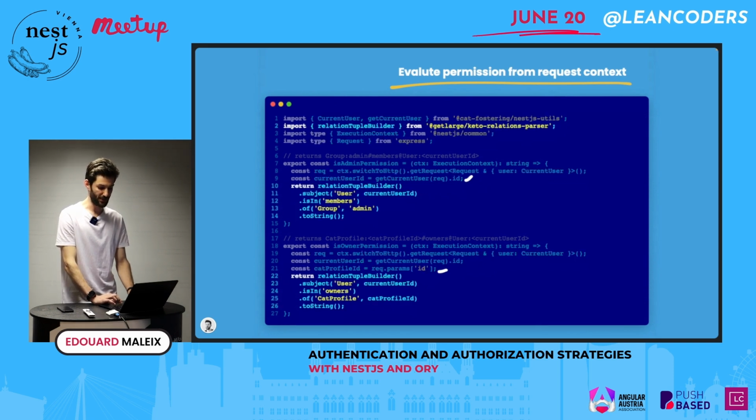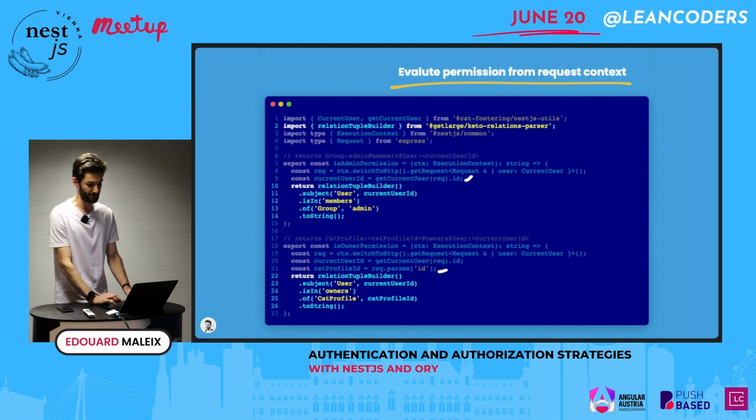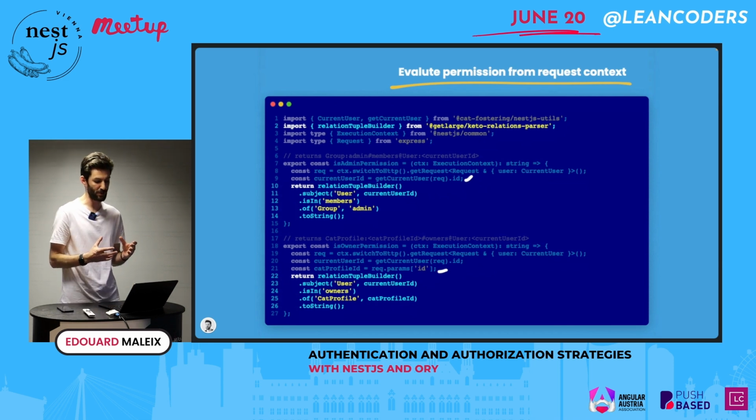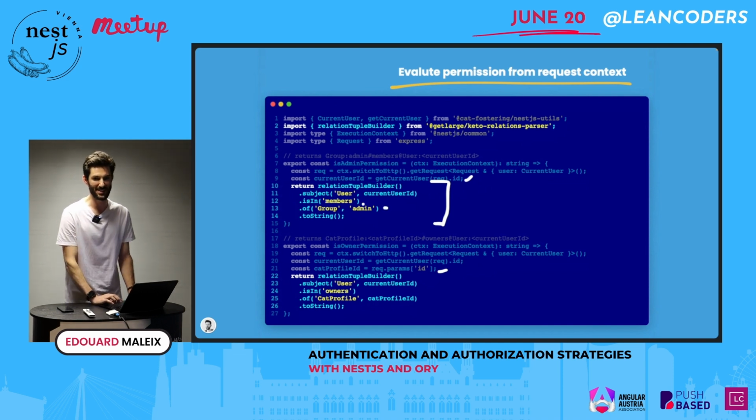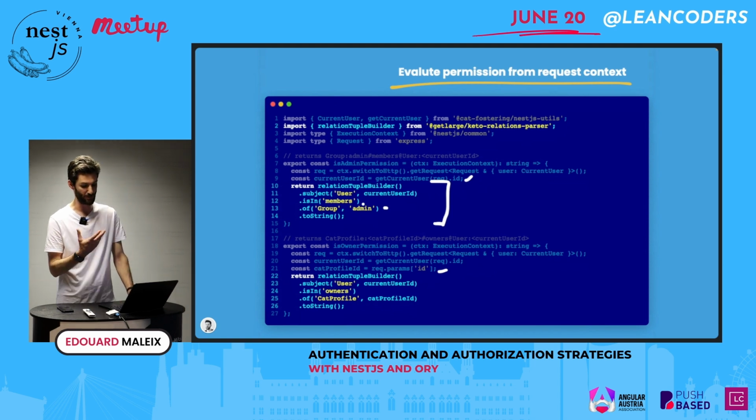This is also some API that I created to make it handy to compose a relationship or a permission query. Here you can really state this one verbally: the subject user with that given ID is in members of group admin. We can all read that and say it verbally. Same for this one. And that's literally what we send to Keto to evaluate.